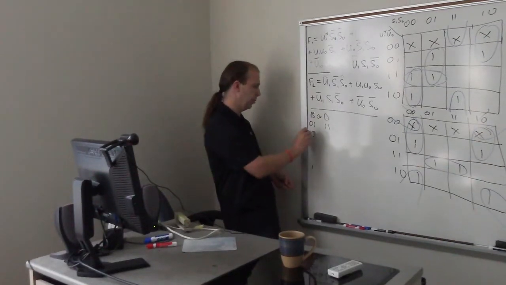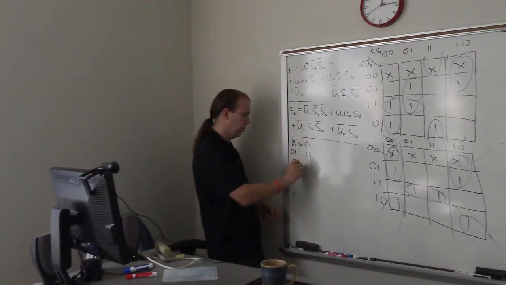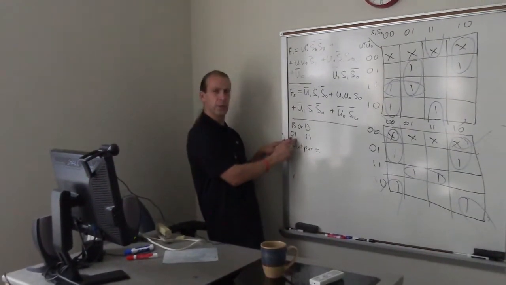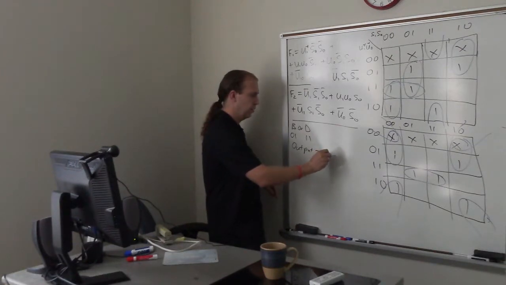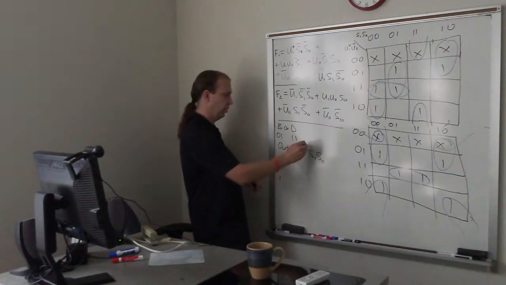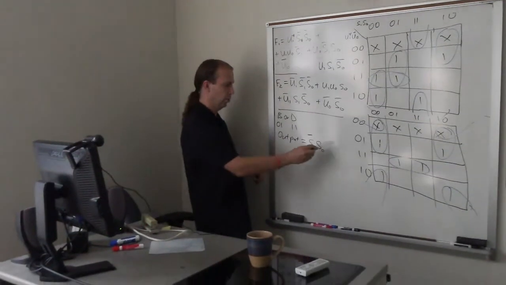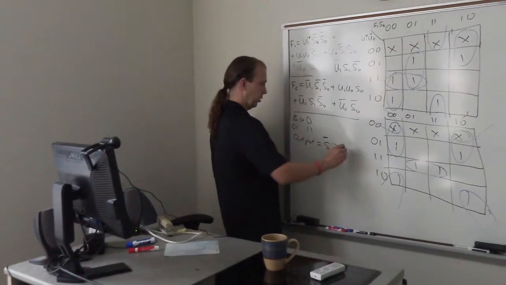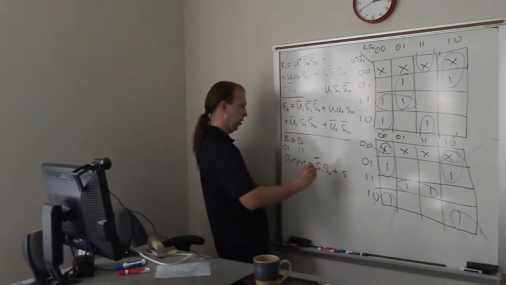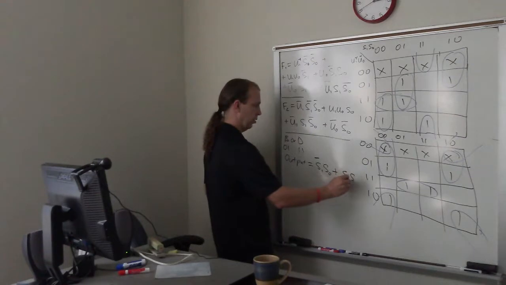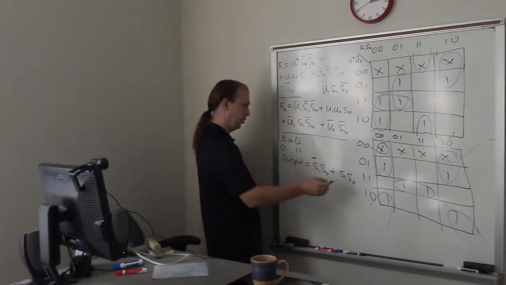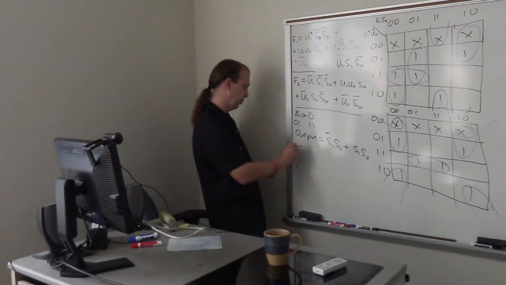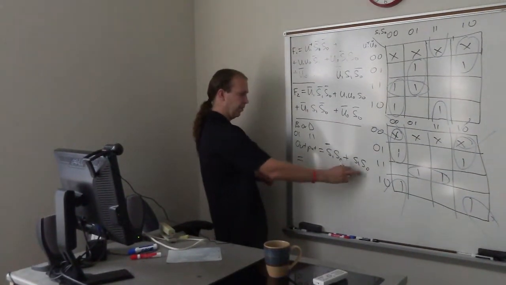And now I can say that my output will be equal to this combination S1 inverted, S0, plus combination D is S1, S0 without inversion. We probably optimize, and I think it will be quite interesting. So we can factor out S0.